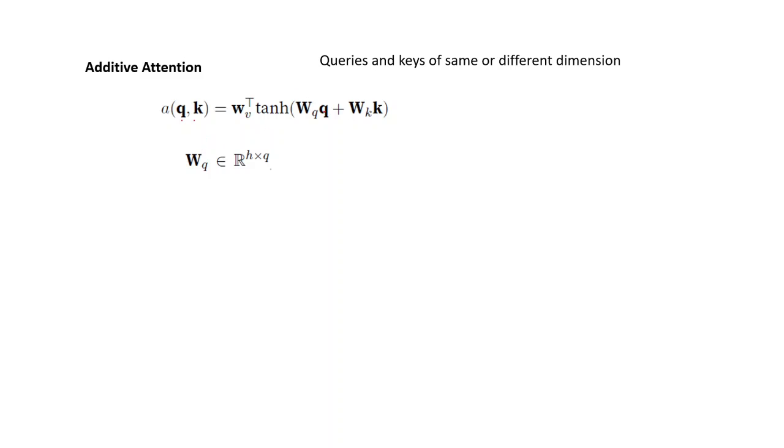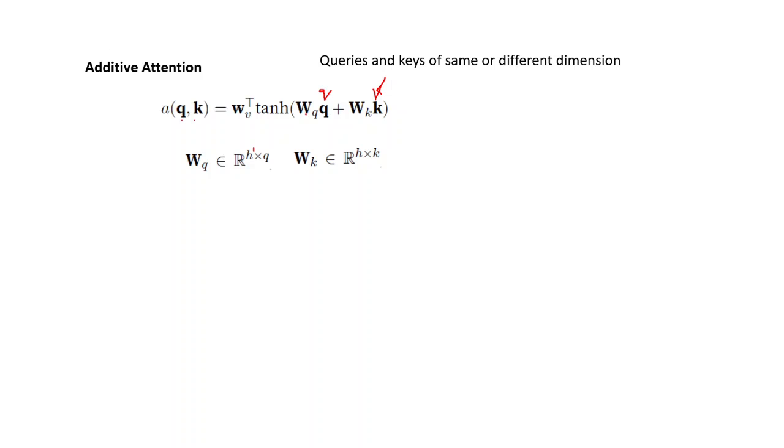Say we are considering that your query has a dimension of q and the key has a dimension of k. So Wq will be a matrix of dimension h cross q, where h is the hidden layer size, and Wk naturally will be of dimension h cross k.